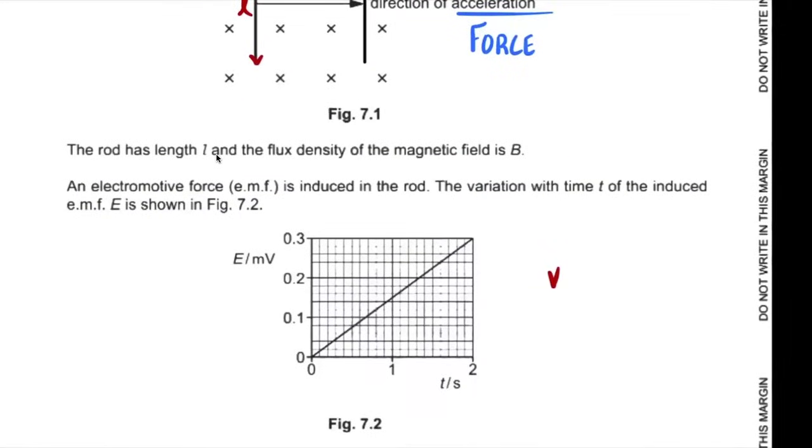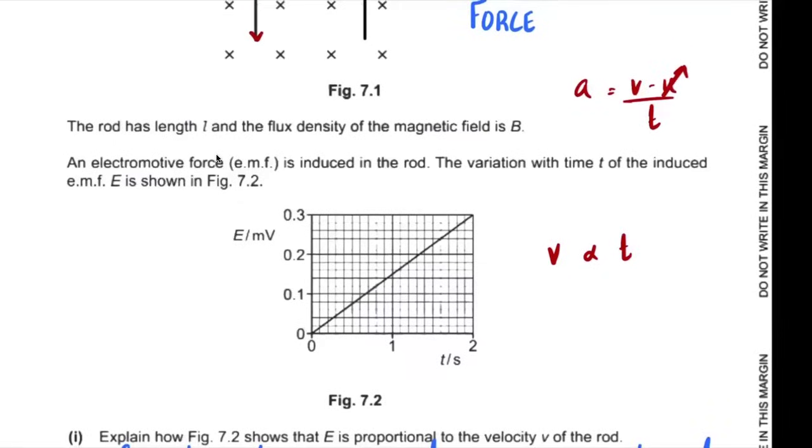So the velocity is proportional to time, because of this expression, a equals (v minus u) over t, right? u is 0, so v equals at. So v is proportional to t, and the graph tells me that E is also proportional to t. So if I eliminate the t's, I can say that E is proportional to v.